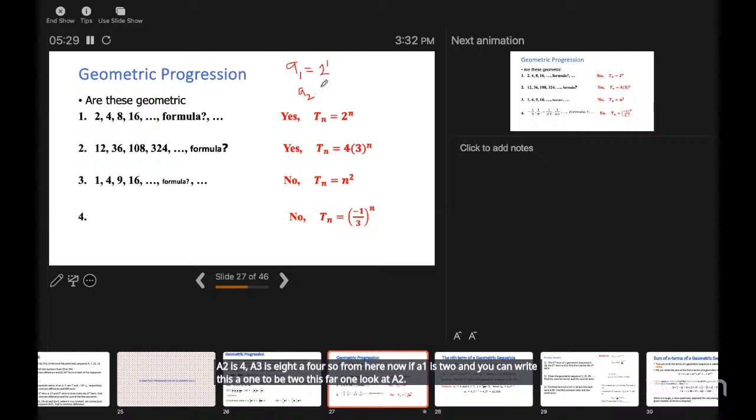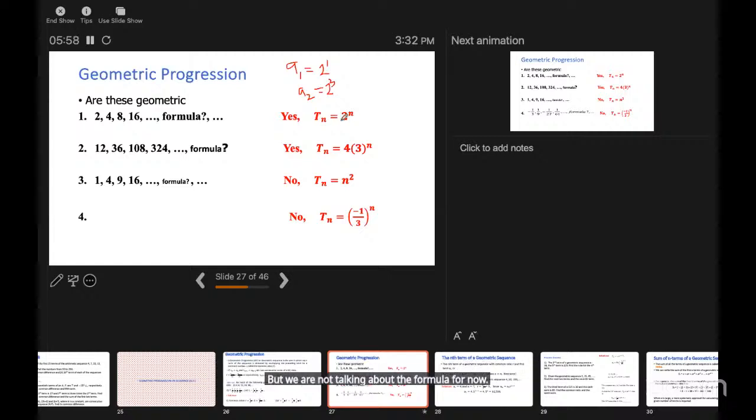A2 is 2 raised to power 2, right? A3 is 2 raised to power 3. A4 is 2 raised to power 4. So the next is 2 raised to power 5. So in general, Tn is 2 raised to power n. So it's not a matter of the formula now. If you use the formula, you must arrive at this. But we are not talking about the formula for now.